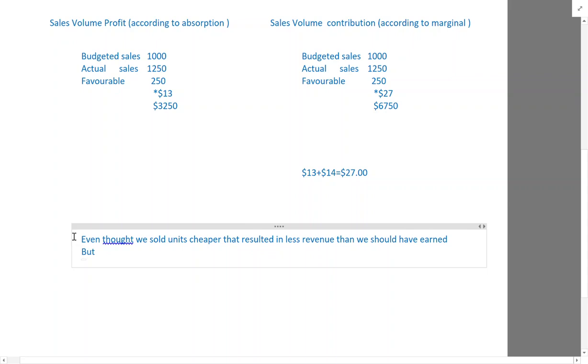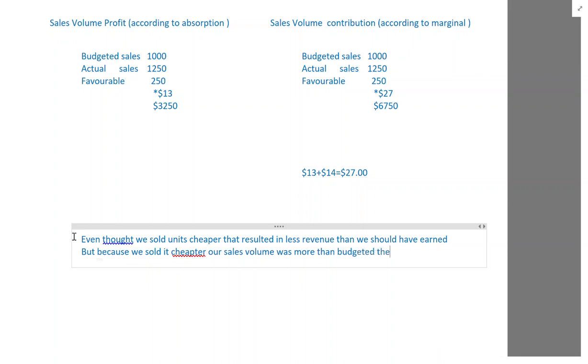But because we sold it cheaper, our sales volume was more than budgeted.